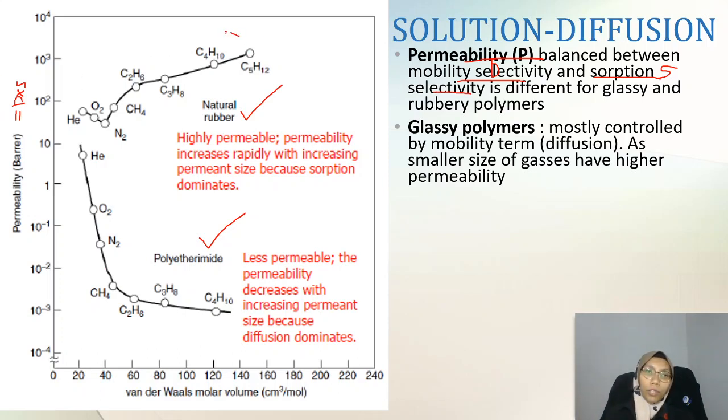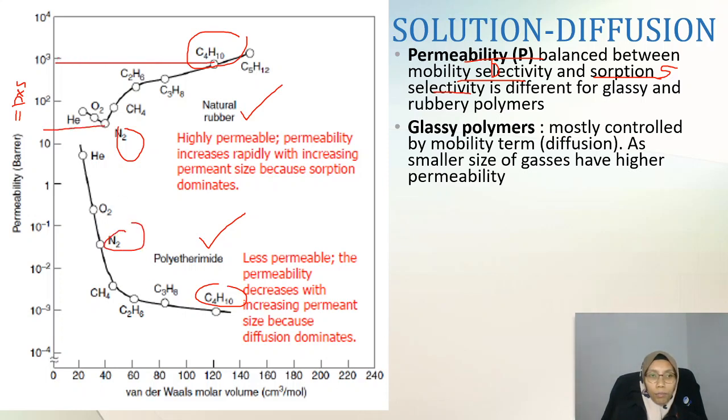I want to separate butane from nitrogen. This is your butane, this is your nitrogen. You can see that the value of the permeability is different between glassy and rubbery polymers.